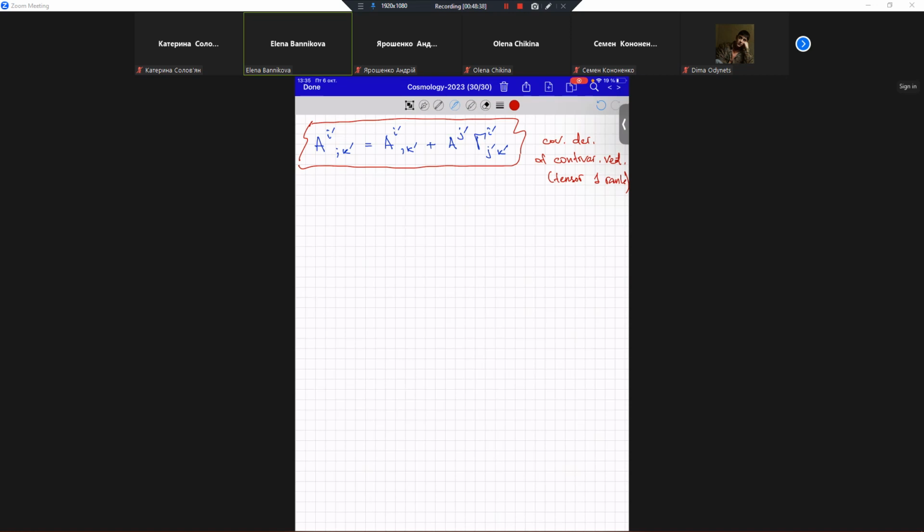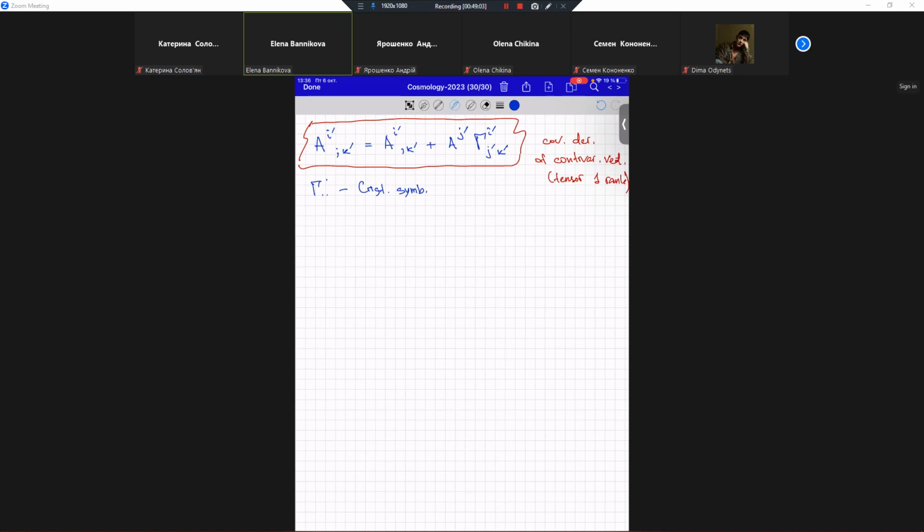So in principle, this gamma they call the Christoffel symbols.